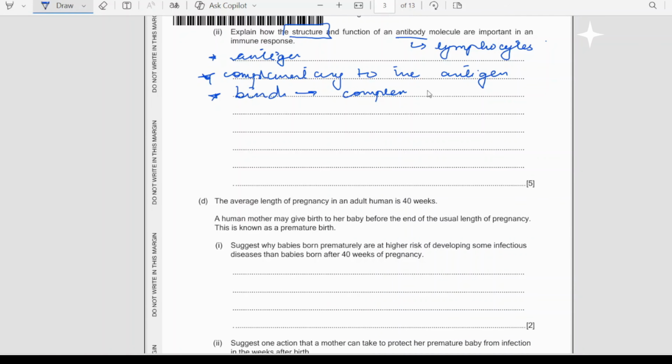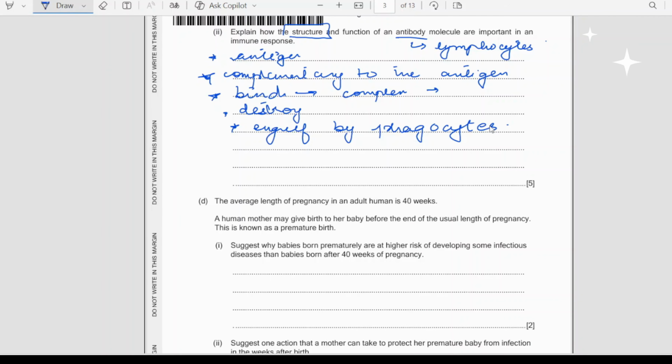Pathogen, how? Yes, destroy. Basically, there is a chemical reaction, not a toxin one. They release a chemical. Then it's divided into different components, and these components can be engulfed by phagocytes. So these are your 5 points that you need to write.